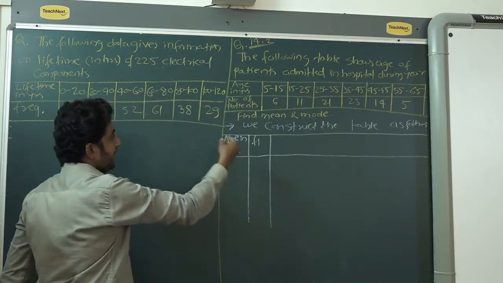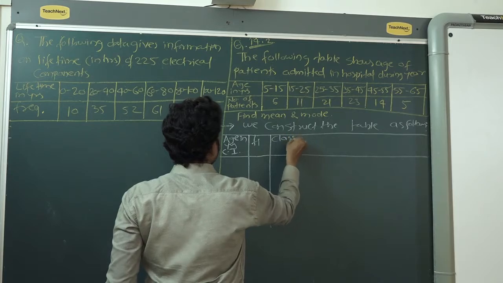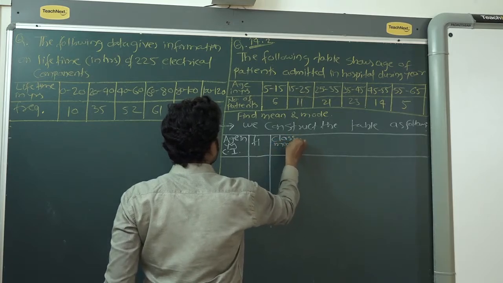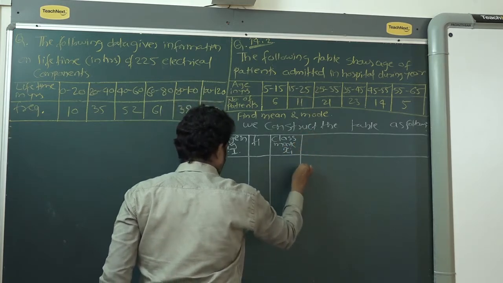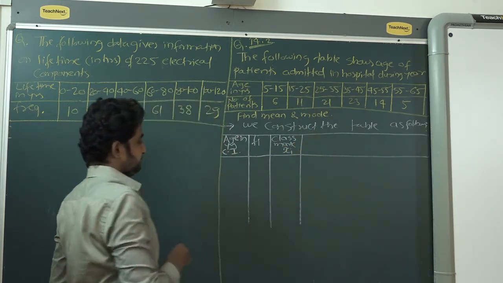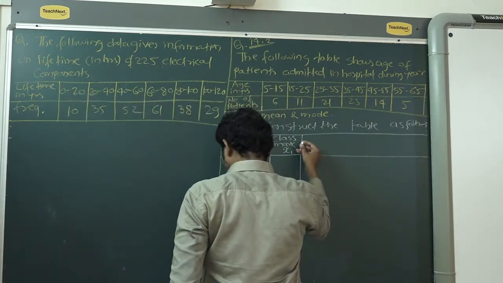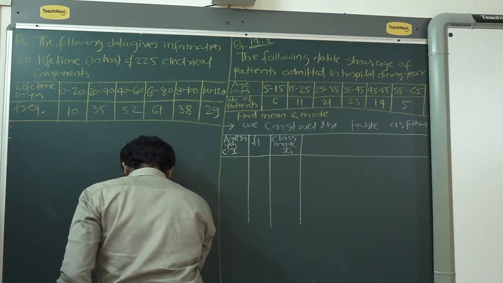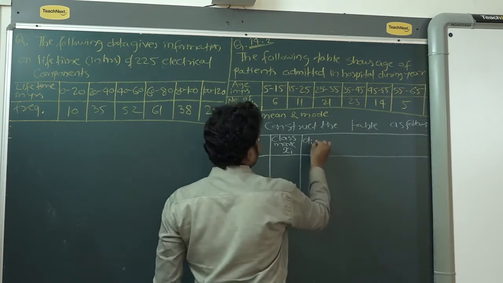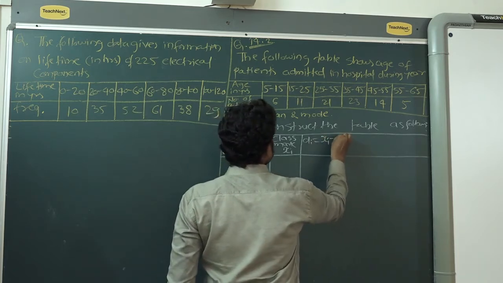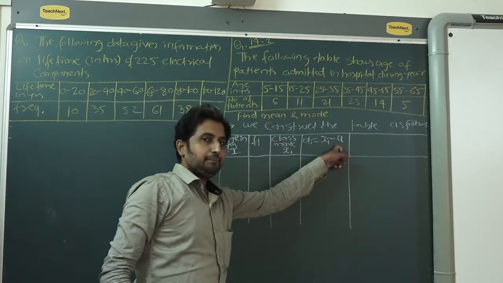Next, we will find the class mark. What do we call this? Exactly, the mid value. Next, we will find some deviations, xi minus A. So my question is, dear students, what is our A?